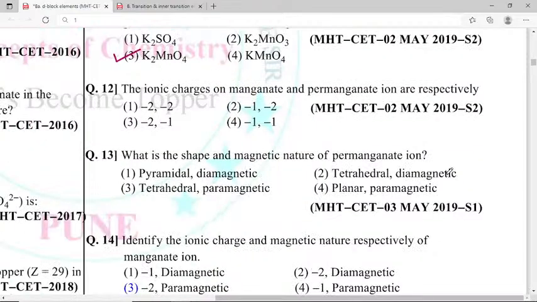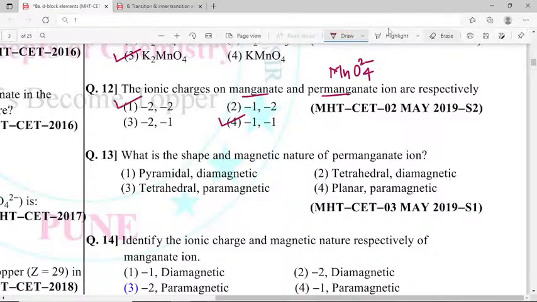The ionic charges on manganate and permanganate: permanganate is MnO4 minus, so the charges are minus 1 for permanganate. Manganate is K2MnO4, with MnO4 2 minus, so the answer is A, manganate minus 2.